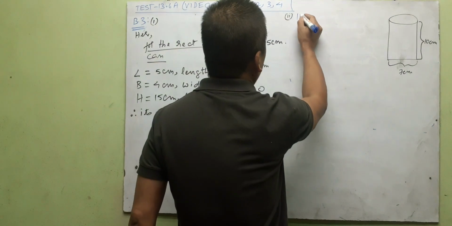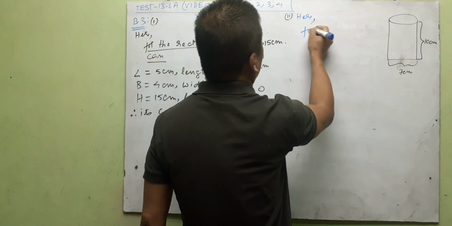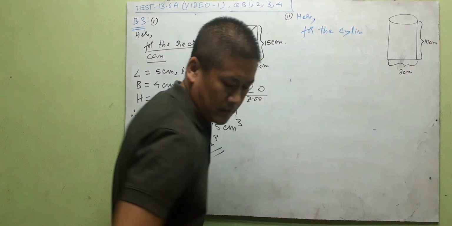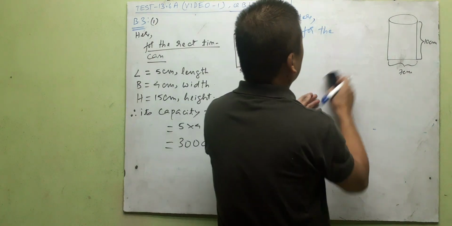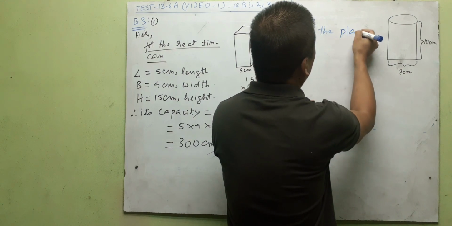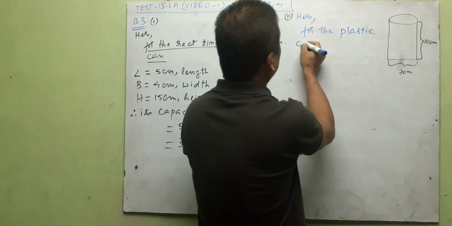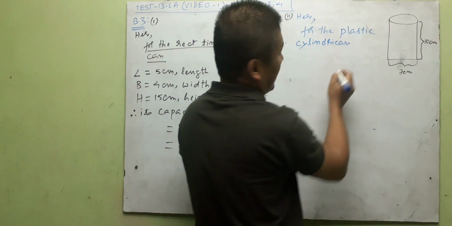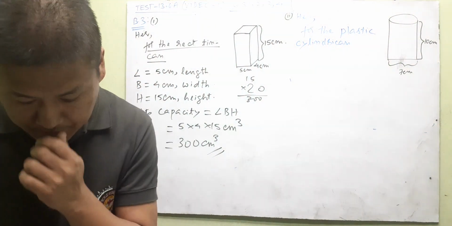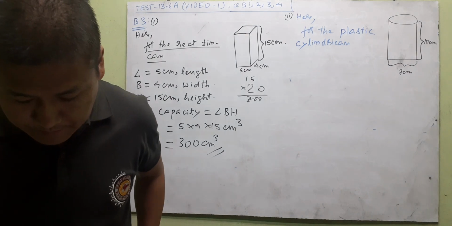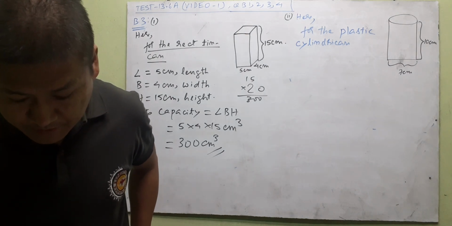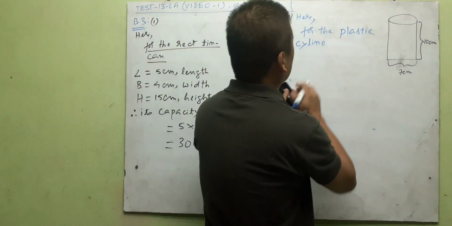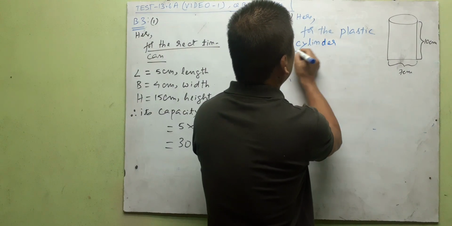Now what we need to do is write the dimensions. So for the plastic cylinder with circular base, they are just using the word plastic cylinder, so let us also use the plastic cylinder.